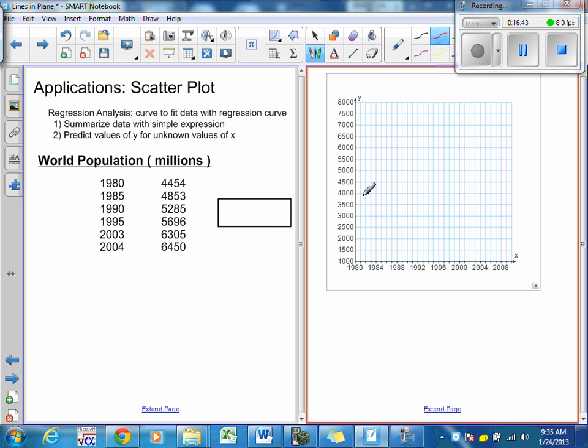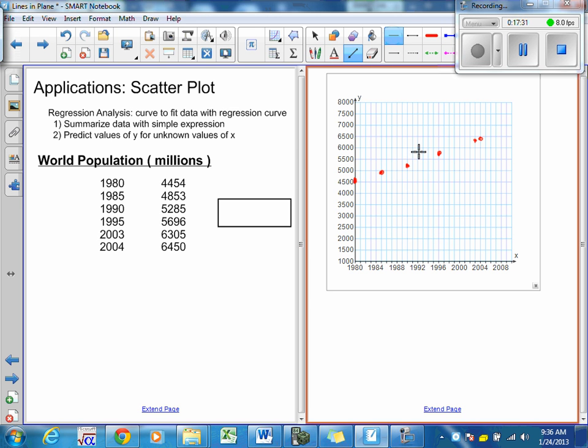In 1980, I was at roughly 4,500. 1985, 48. 1990, 52. 1995, 57. 2003, 63. 2004, 64.